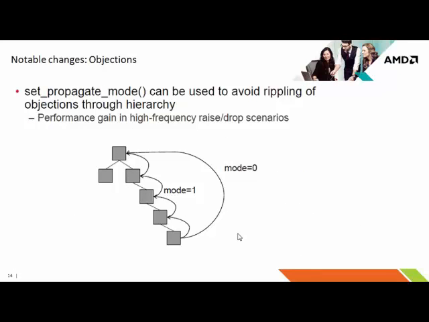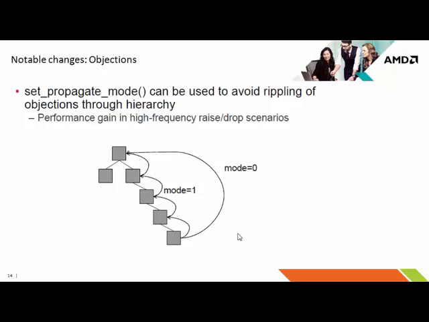On objections, before, when you set and raised an objection, that used to ripple up through the hierarchy. What people noticed is that had a performance hit, especially if you were doing a lot of high frequency raise and drop scenarios, and you had a deep hierarchy.